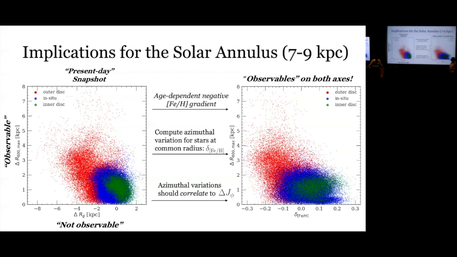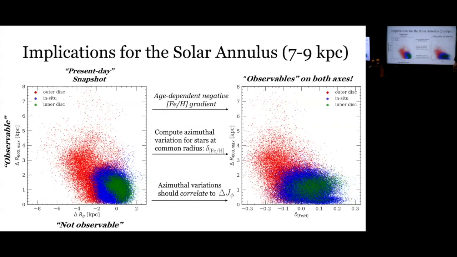Right. Yeah, that's a good point. They are quite overlaid, especially the inner disk populations and the in situ populations. However, what we do think is quite noteworthy is that the inward migrators from the outer disk seem to be highly eccentric and tend to be quite metal poor on average.